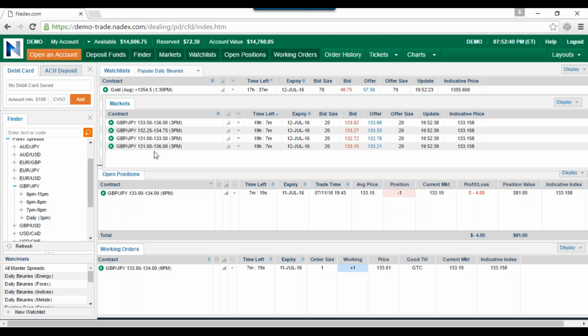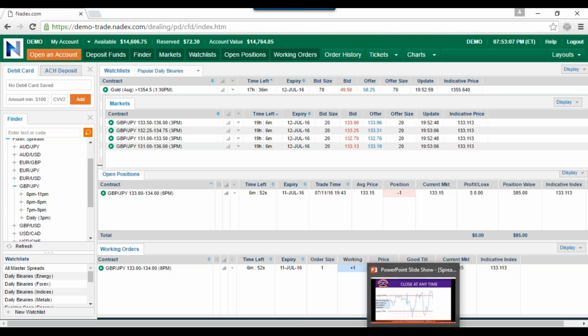Meaning, which one is closest to the floor or ceiling and will cost me less to get into? Or which one has the furthest away ceiling if I want to buy, or which one is going to move the fastest? So it starts with what strategy or system you're trading, and how much time you need to be right. There are several different things to consider there.